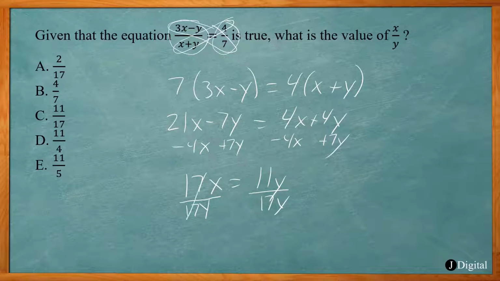Okay, that leaves me x over y here and 11 over 17 here. Alright, so x over y equals 11 over 17. So this one you had to get it in the right format. They wanted it in the form of x over y, so you gotta get the equation in that same format in order to get the correct answer.